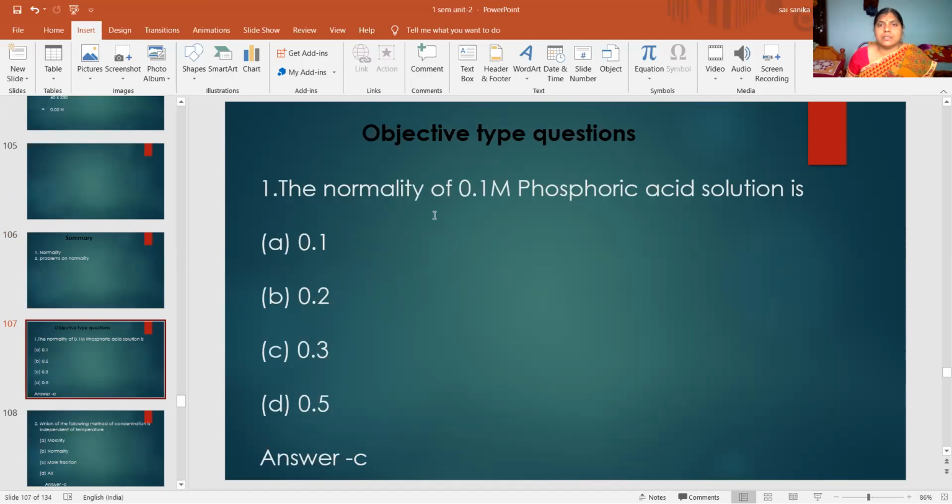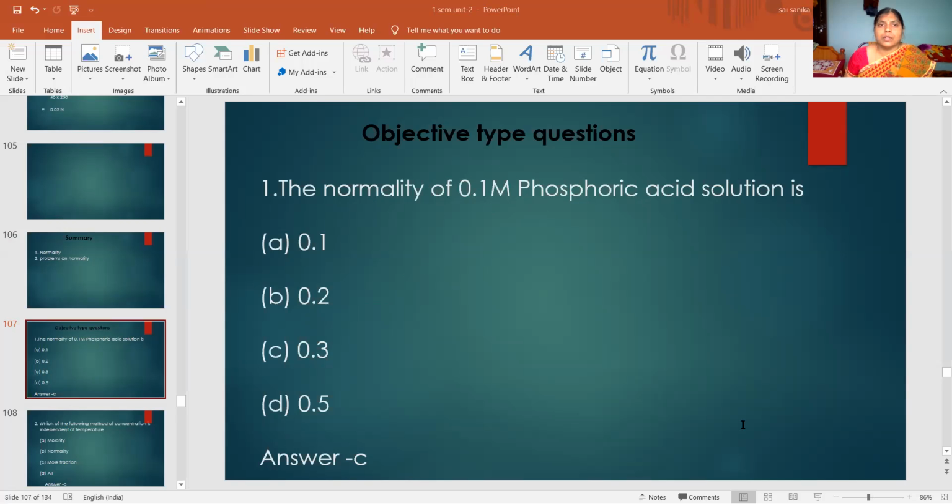The normality of 0.1 M phosphoric acid solution is. So here some options are given: 0.1, 0.2, 0.3, 0.4. So how will you convert molarity into normality? We will use the whiteboard.